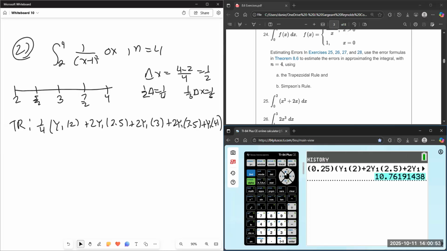Let's look at that again. 1/4 y1 of 2 plus 2 y1 of 2.5 plus 2 y1 of 3, 2 y1 of 3.5, y1 of 4. That looks right to me.